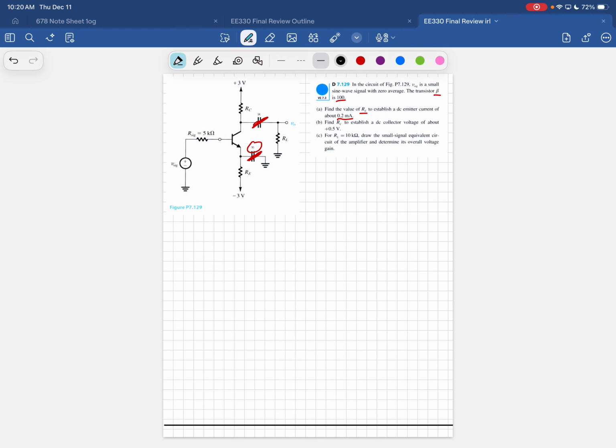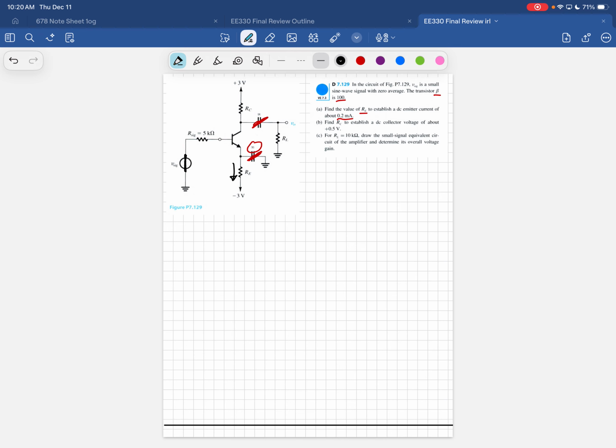That means that all of the IE is going to be going through RE. Similarly to the capacitors, what do we do with VSIG? Yep, exactly, short circuit.